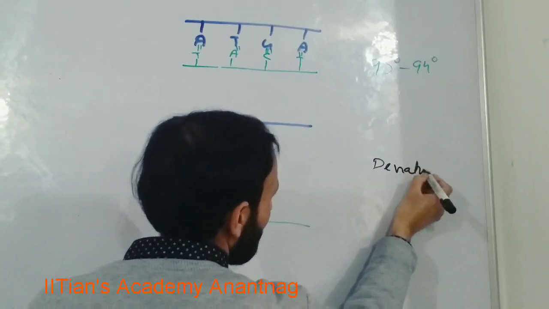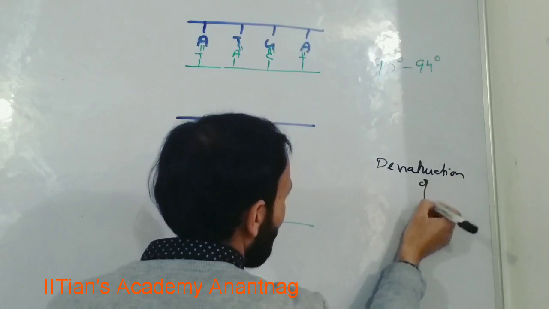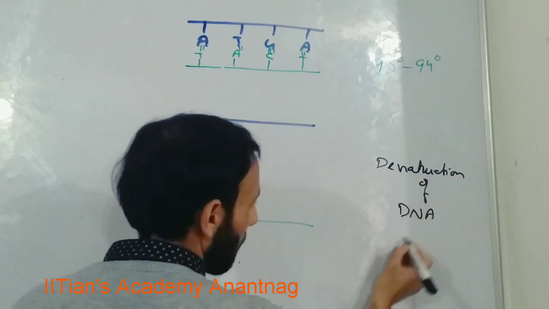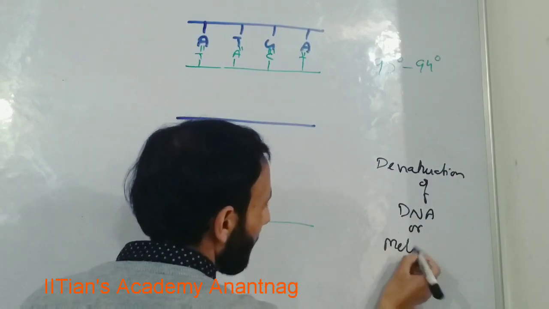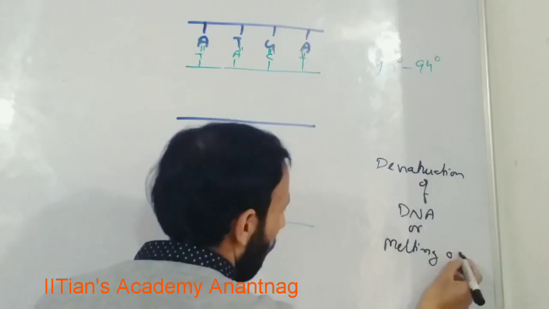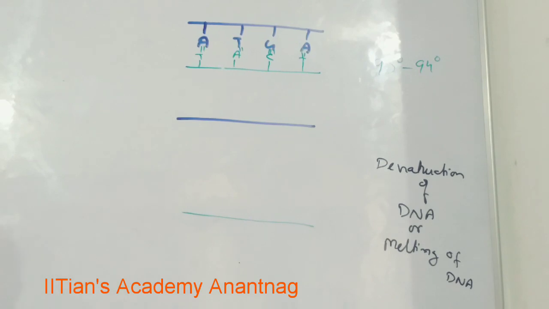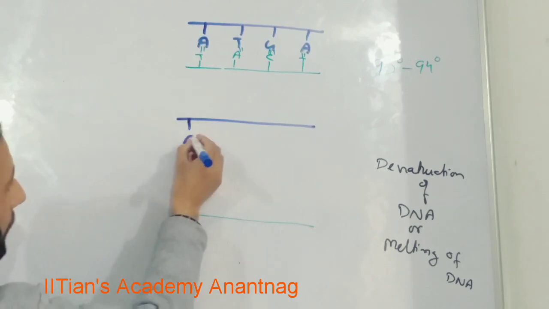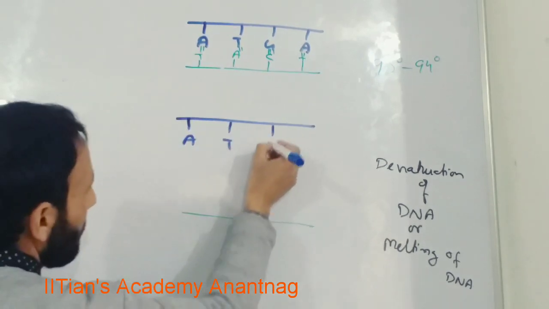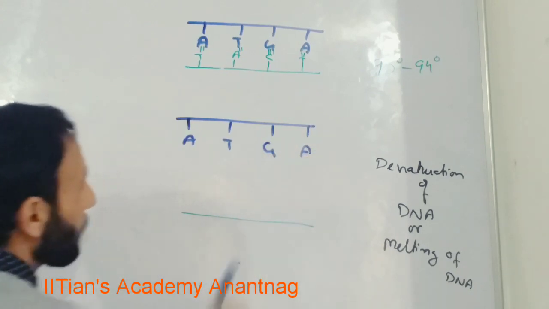So first, denaturation of DNA, which is what we call melting of DNA. After this DNA is melted, it means that its two strands have separated.